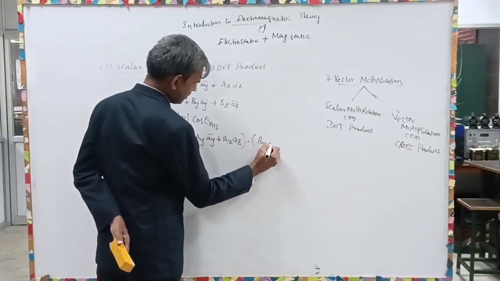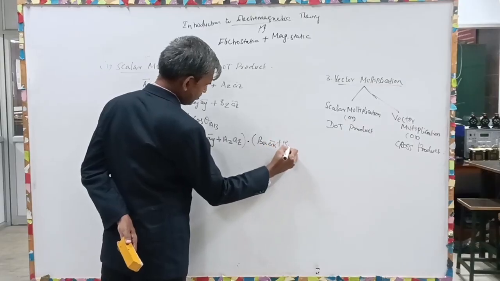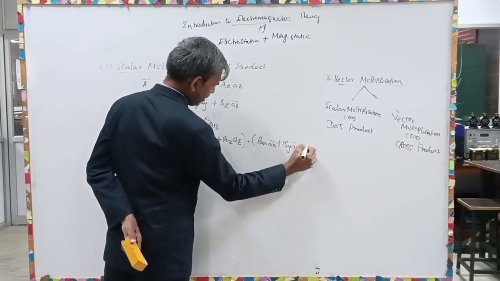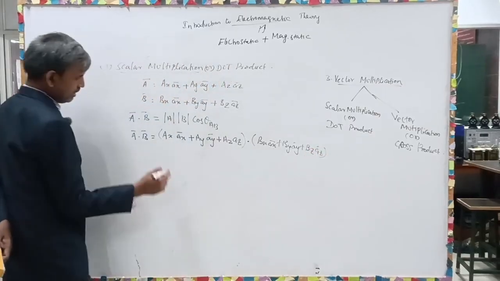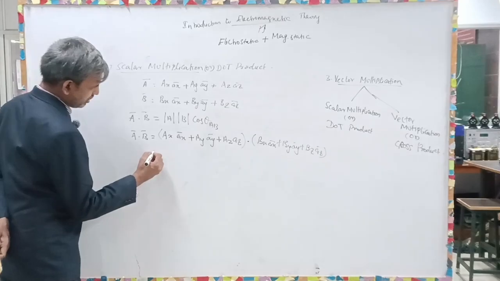So it is Bx Ax plus By Ay plus Bz Az. Okay. Now we can take the dot product.